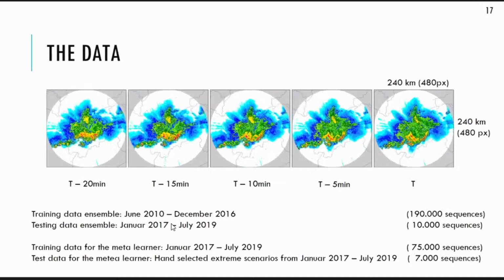So the data that has been used to train the model or models is this radar data. I think it's over the southern Alps in the northern part of Italy. And the images are 480 by 480 pixels. Because we're using the last 25 minutes, and with the 5-minute resolution, we have 5 input images like this.